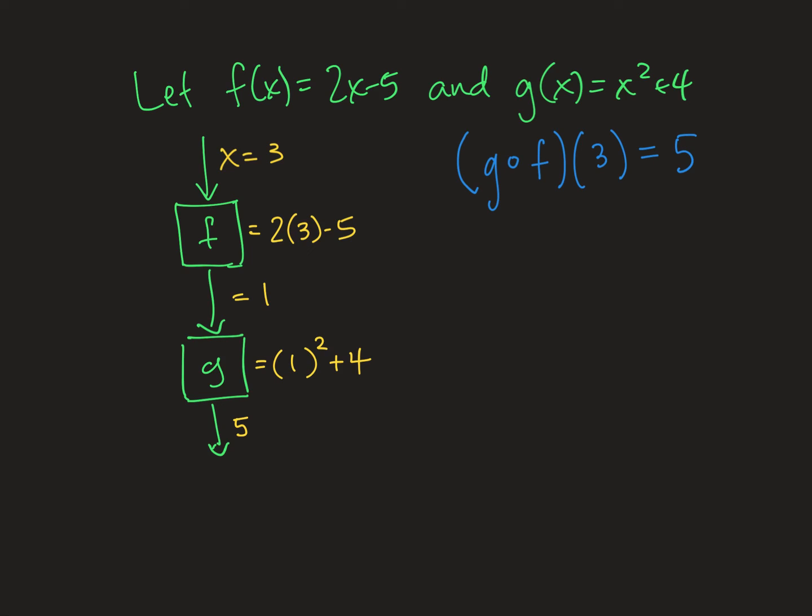Okay, so that was G of F of 3, or alternatively, since this 1 that we plugged into G was really F of 3, and that's what we plugged into G, we could write this as G of what? What did we plug in? We plugged in F of 3 equals 5.